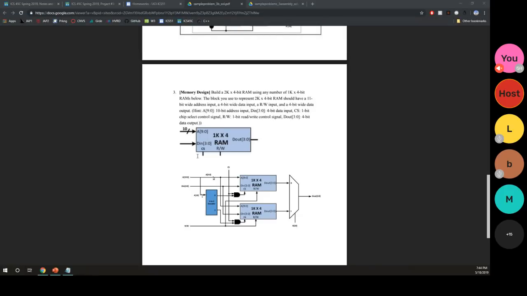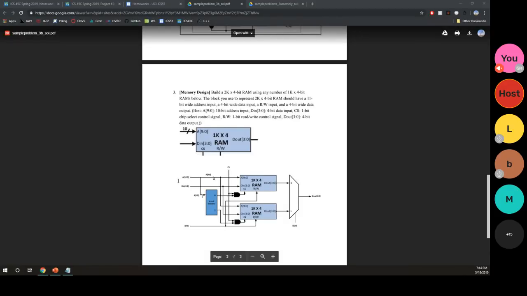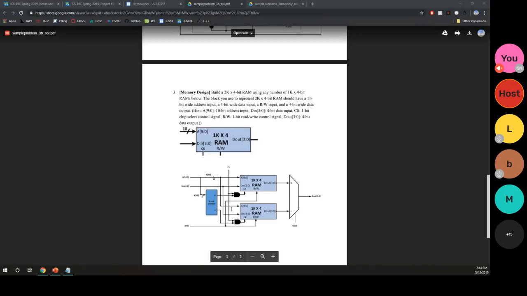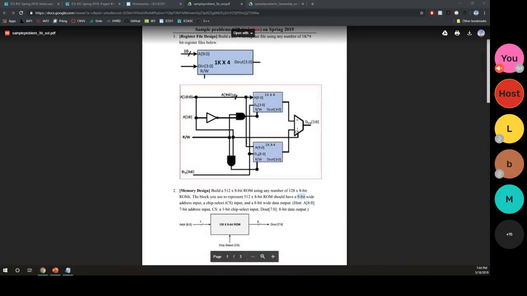Just think of the chip selector as like a load, and the read-write is if you're going to read or write to that RAM. The concept of building it is the same. You need to take that extra bit and choose from there, and all the other stuff that we talked about earlier with this problem.